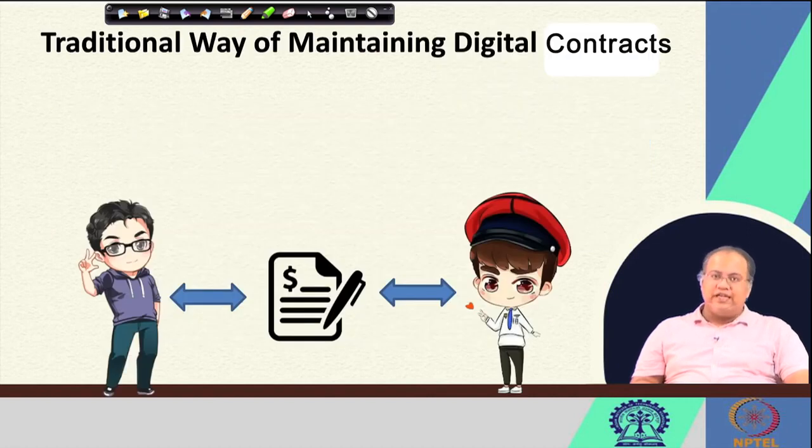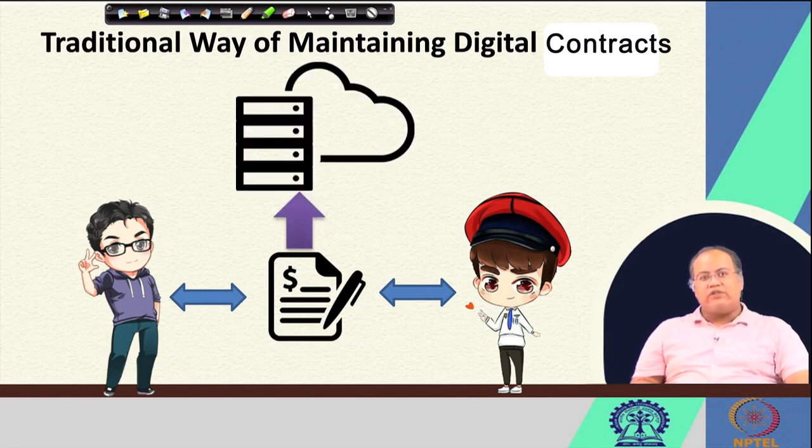Let us look at the traditional way of maintaining digital contracts. Typically, two persons agree on a contract, and then you submit that contract to some centralized platform, like a cloud platform.